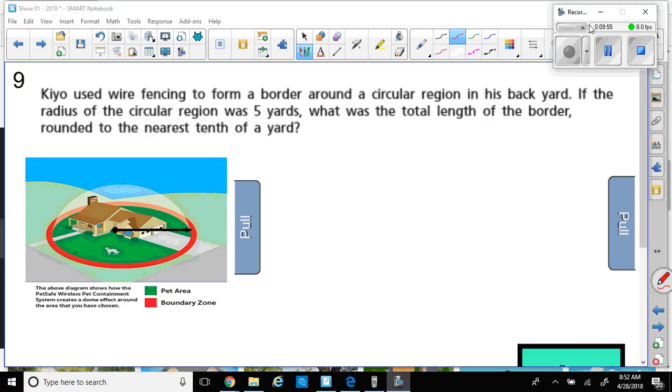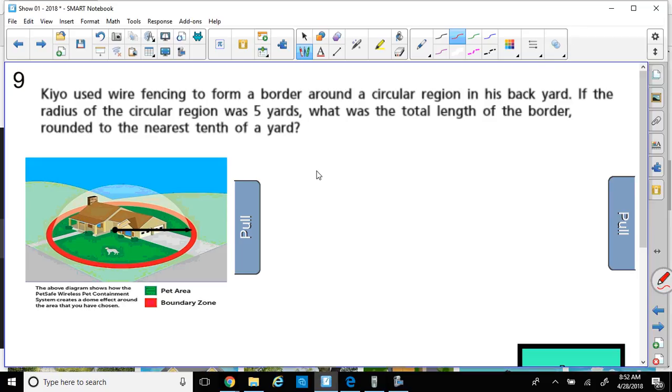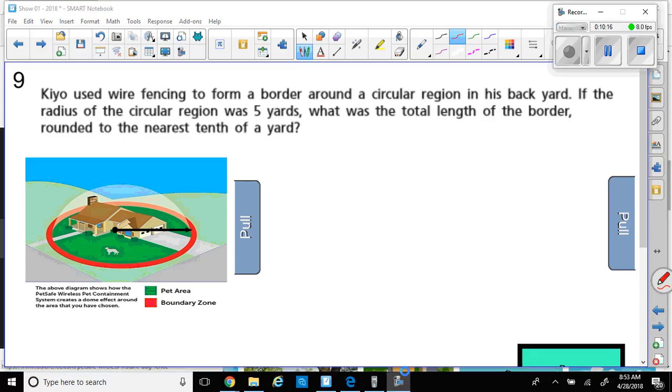Okay, so I pulled out a picture of a circular home that's surrounded by a fence here. So the pet area is all in the green here around the home, and there's the dog, and the boundary is this brown fencing around it. So we are dealing with this radius here.